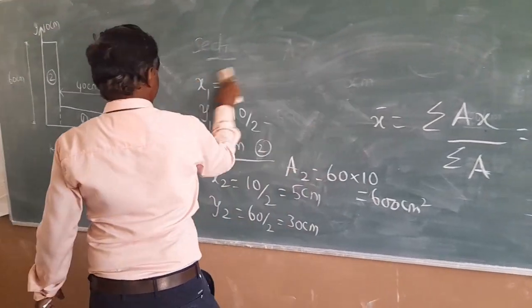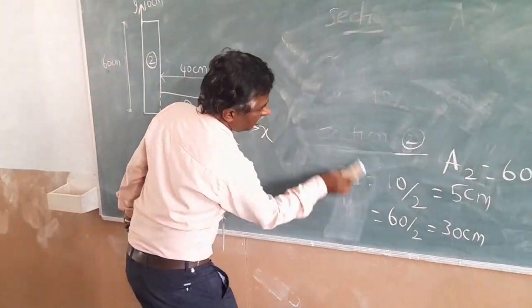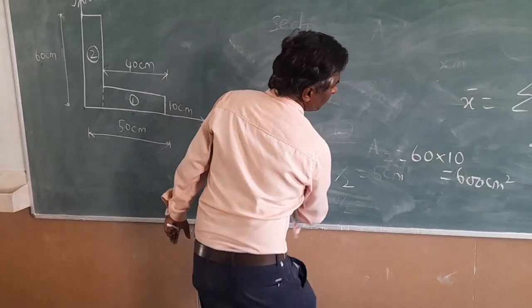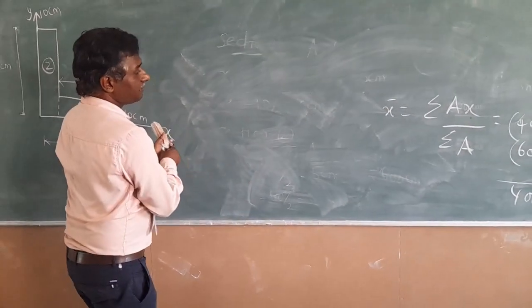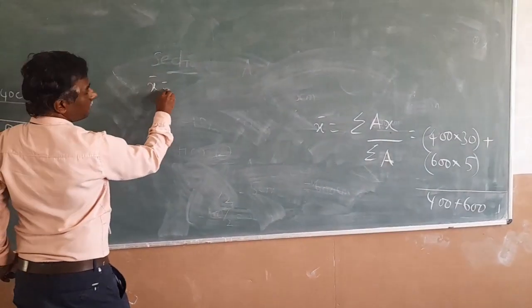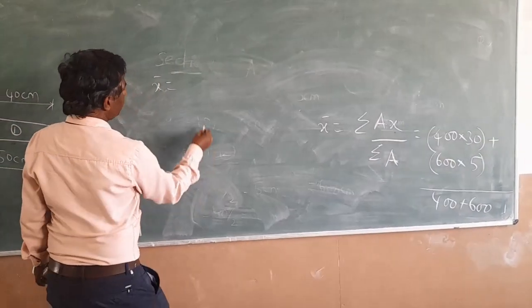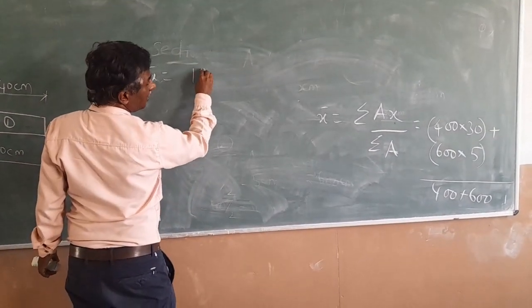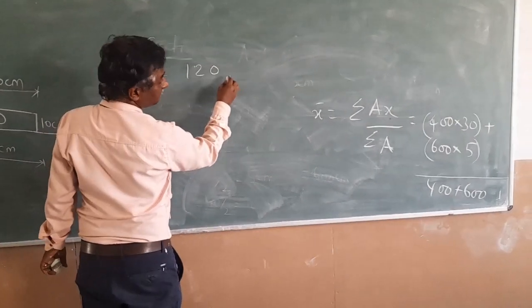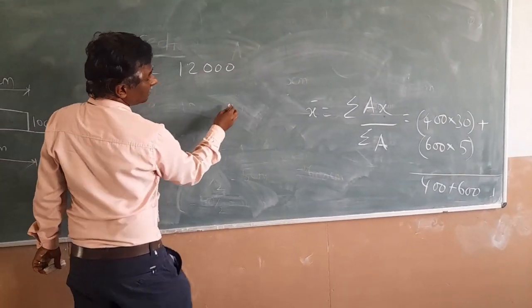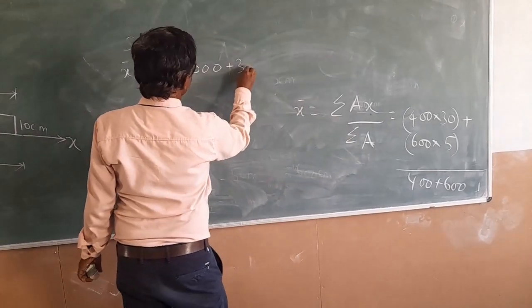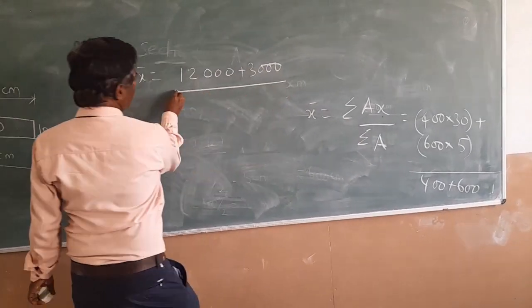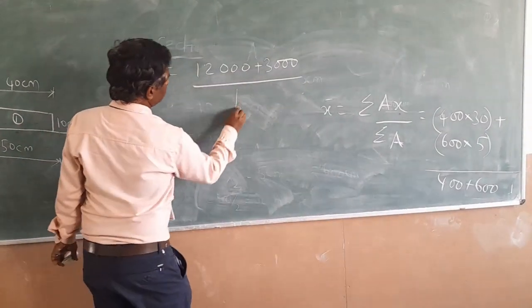We will get the answer by substituting all the values. For x bar equal to 400 into 30, that is 12,000, plus 600 into 5, this is 3,000, divided by 1,000.